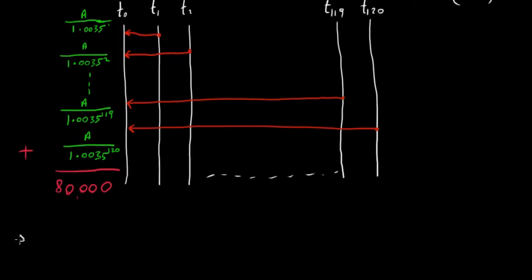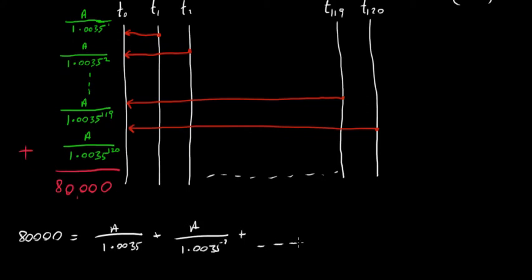We're going to say 80,000 euros is equal to A over 1.0035 plus A over 1.0035 squared plus, we didn't do all of them. I'll tell you what, I will leave this one out as well. I'll just include this one here. So it's A over just the last one, 1.0035 to the power of 120.